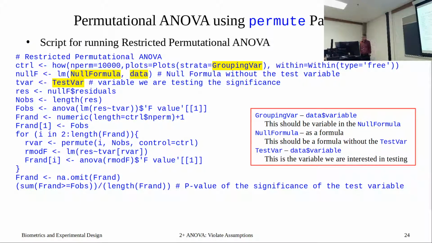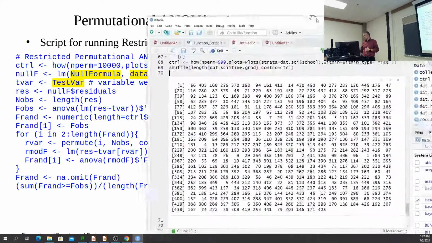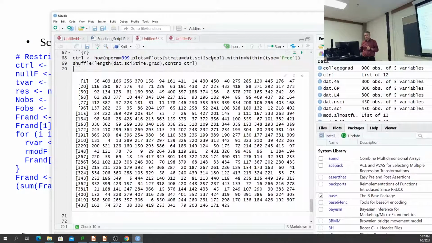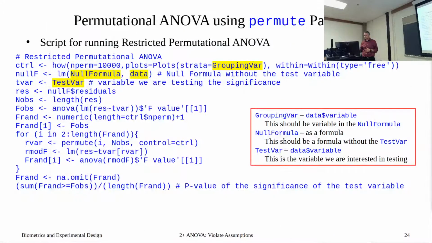So this is the formula that will not be what we're testing on. Right? For us, we're testing on time to graduation here. So school is in our null formula. Our null formula is a formula without our variable. So it's lm of y equals school.